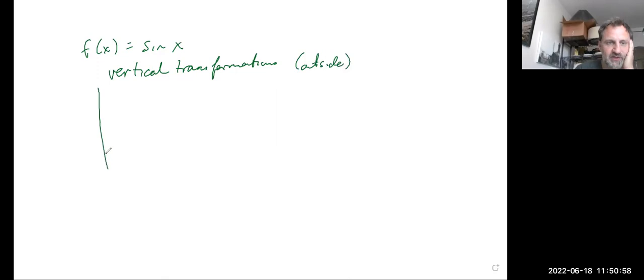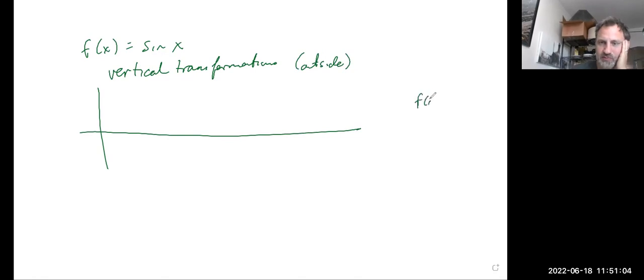So let's start with the picture of sine x at input of 0. I have an output of 0. And from there, it increases, reaching a maximum of 1 when the input is pi halves, getting back down to 0 at pi, and then circling through the negative values and coming back here at 2 pi.